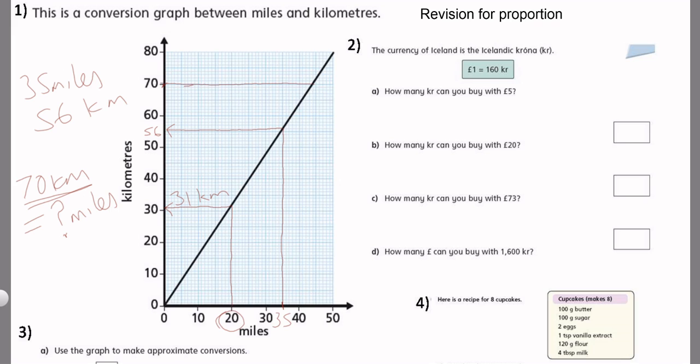Go down towards the miles. So that's around about 40, 41, 42, 44. 70 kilometers is 44 miles. So that's how you use the conversion graph.